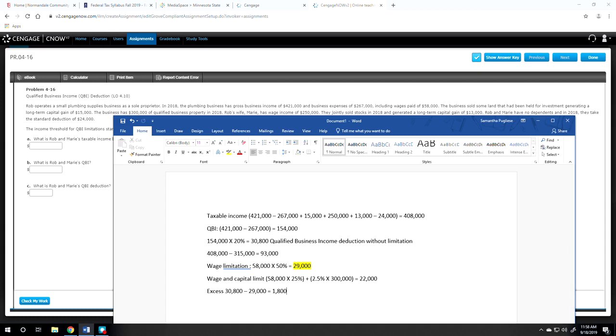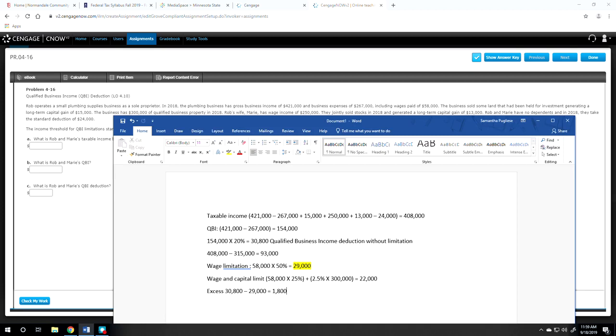So the very first paragraph on page 4-38, you go down to line 1, 2, 3, 4, and it says, instead, the qualified business income deduction is subject to a phase out up to an excess of $100,000 for married filing jointly taxpayers. So their excess is already $93,000.